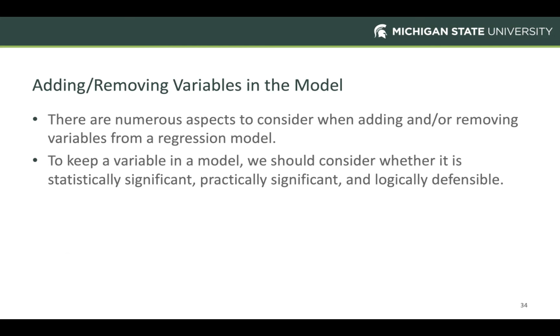Statistical significance is straightforward. Generally speaking, you may see some argue that if you don't meet the prescribed significance level of 0.05 or 0.01 or whatever the case may be, you should remove that variable from the model. Now, I would push back a little bit on that.